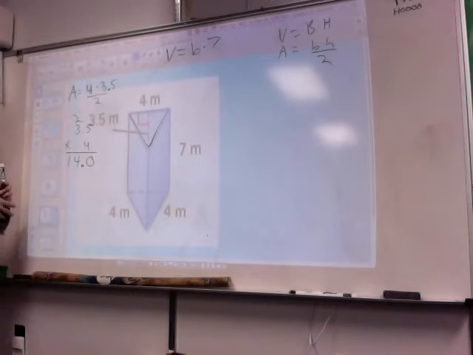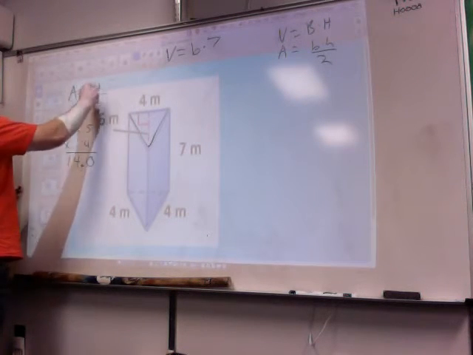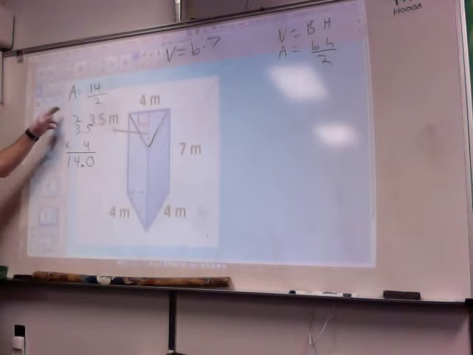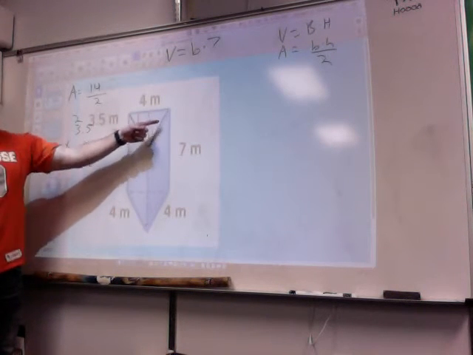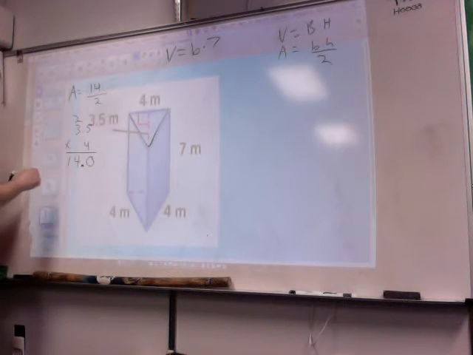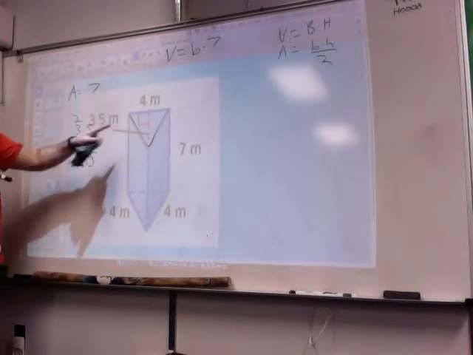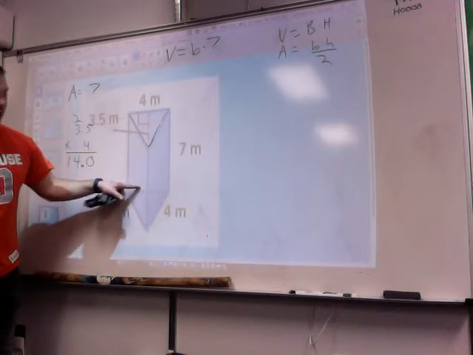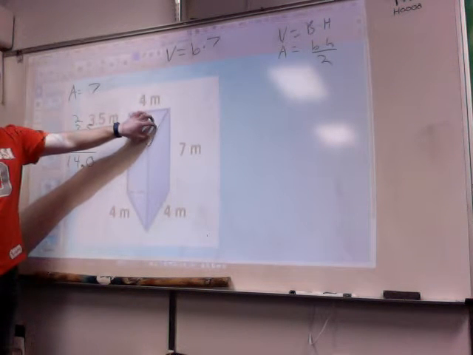All right, so on the top I have 14 divided by 2 to get the area of this base. This triangle is my base. I need to find the area of it. 14 divided by 2 equals 7. So the area of this triangle is 7 meters squared.